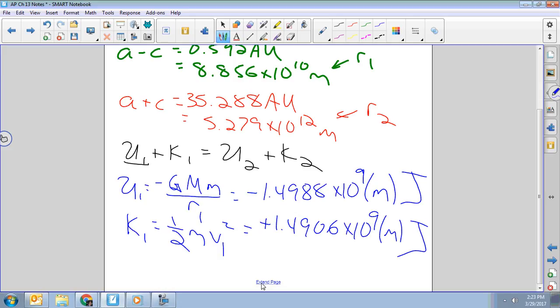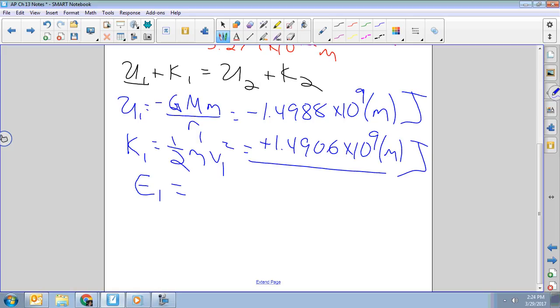Follow? Which means that my total energy at point 1 is the sum of those two numbers, and it gives you negative 8.212 times 10 to the 6th times m joules.